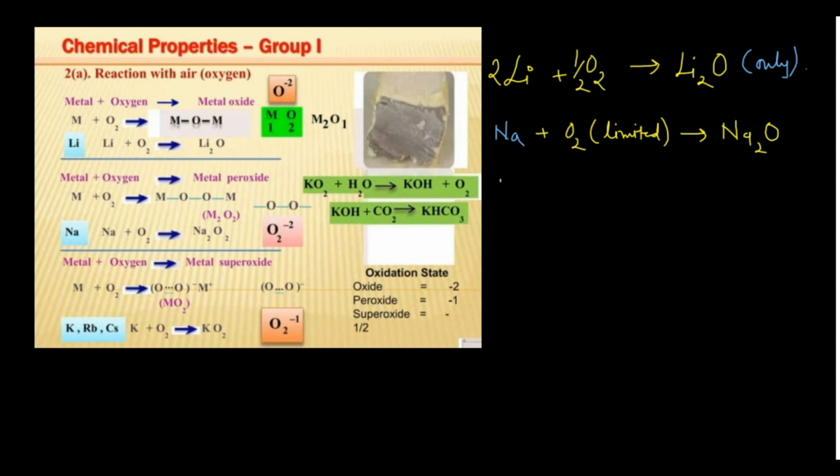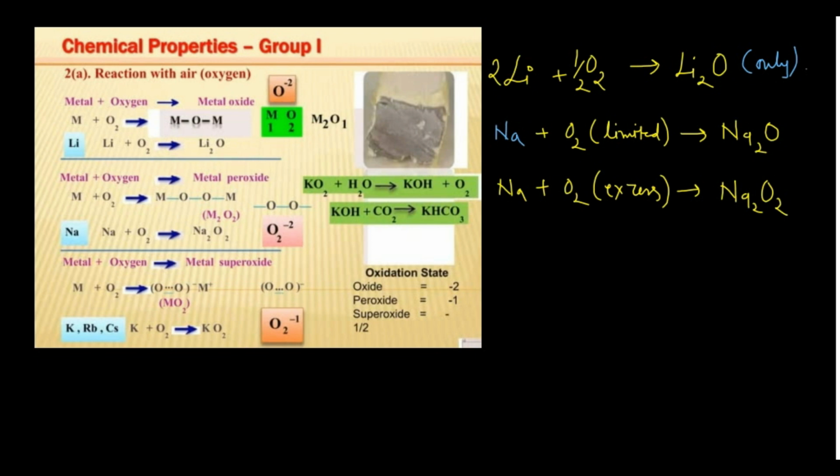And the same sodium, when the supply of the oxygen is in excess, sufficient supply of the oxygen is there, will form sodium peroxide, Na2O2. It is something very, very important you should know. Please remember.